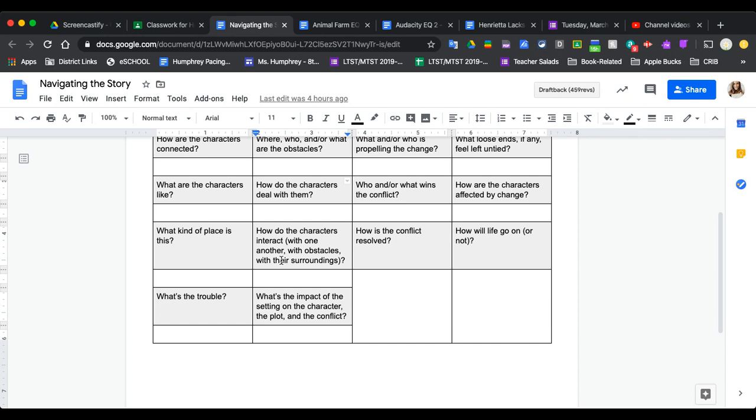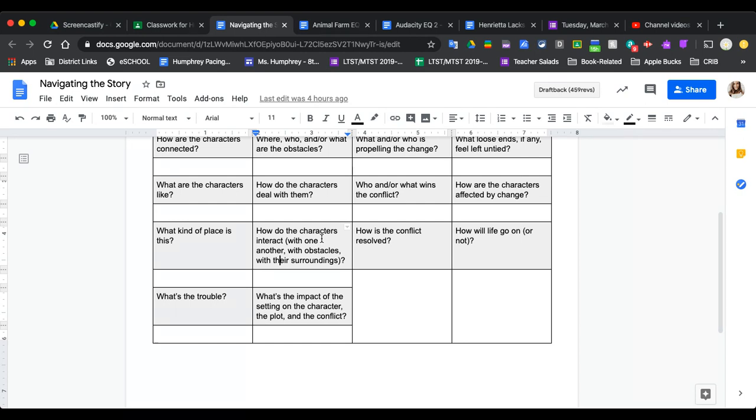Second to last one is going to ask, how do the characters interact? So this could be like, how are they interacting with each other? Are some characters getting more frustrated with other characters? Are some taking the lead? Like with Animal Farm, you're going to see a lot of animalism. It's like classism, but animalism happening, right? Where we've got some animals in a higher class than other animals, clearly.